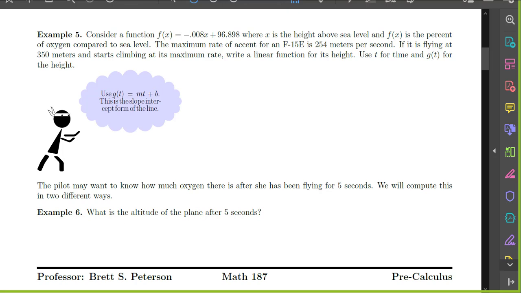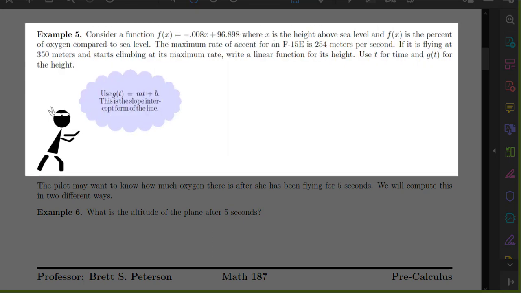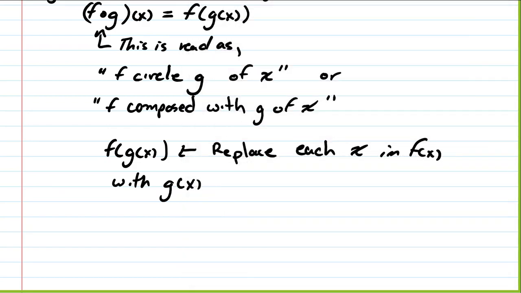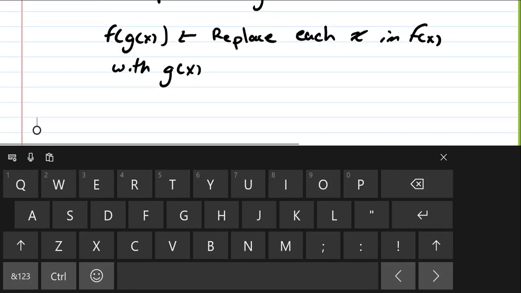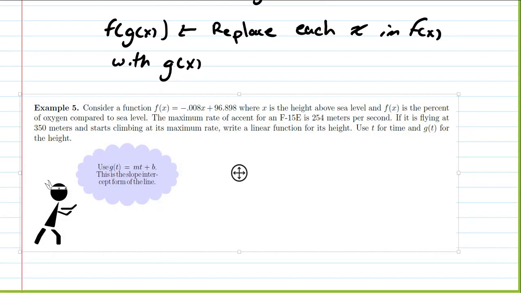So now, let's go ahead and look at example number 5. Consider the function f of x equals negative 0.008x plus 96.898, where x is the height above sea level and f of x is the percent oxygen compared to sea level.